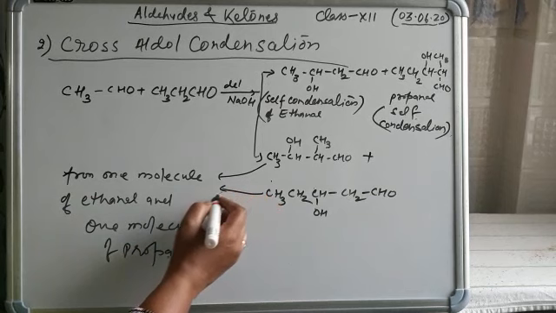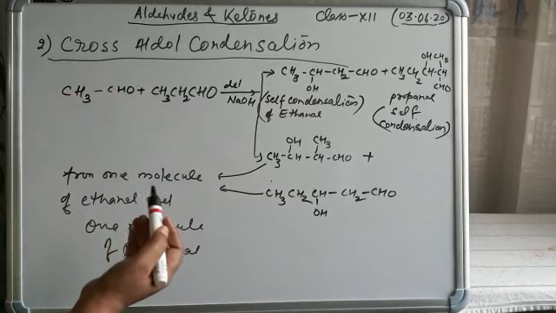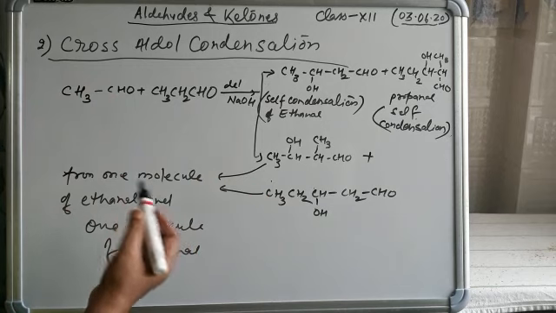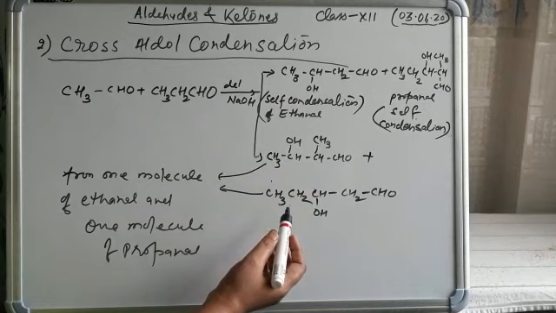These two will be formed when one molecule of ethanol and one molecule of propanol combine or condense to each other to form these two different molecules.